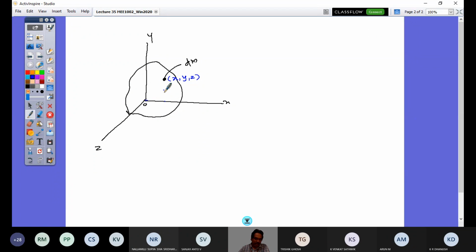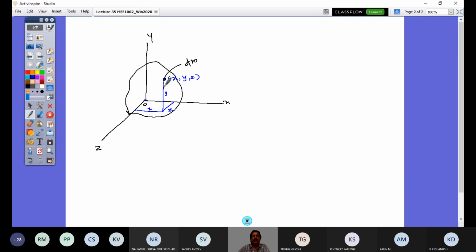So let me take this position. The y distance is somewhere here, and this is how I represent it. Now this distance is x, this distance is y, and this distance is z.